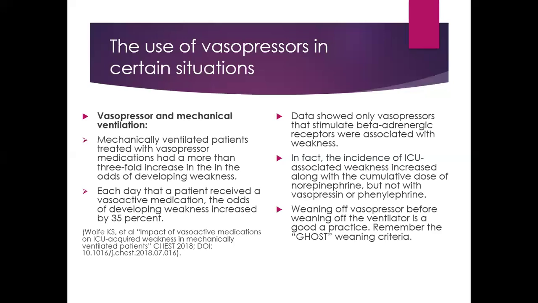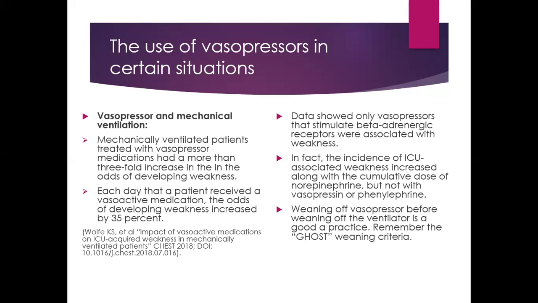H: the patient must be hemodynamically stable, that is achieving a MAP above 65 without inotropic or vasopressor support. And this is why it's important that we wean the patient off vasopressor before weaning off the ventilator. I think it's a good practice for us to consider. The O talks about oxygenation.